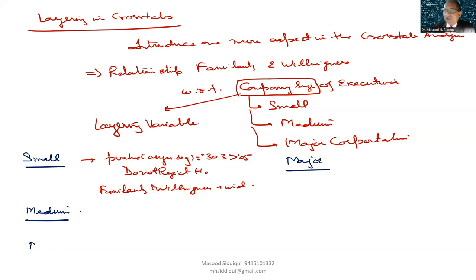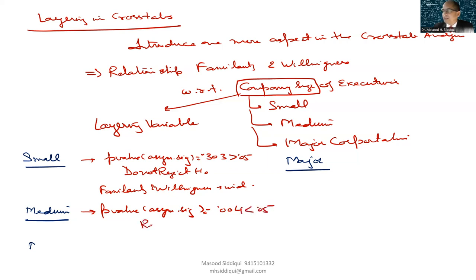The next one is for the medium. Here the p-value, or asymptotic significance, is 0.004, which is less than 0.05.